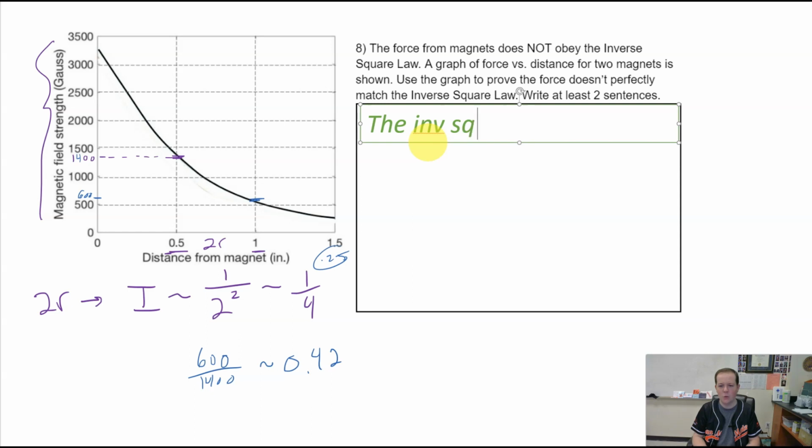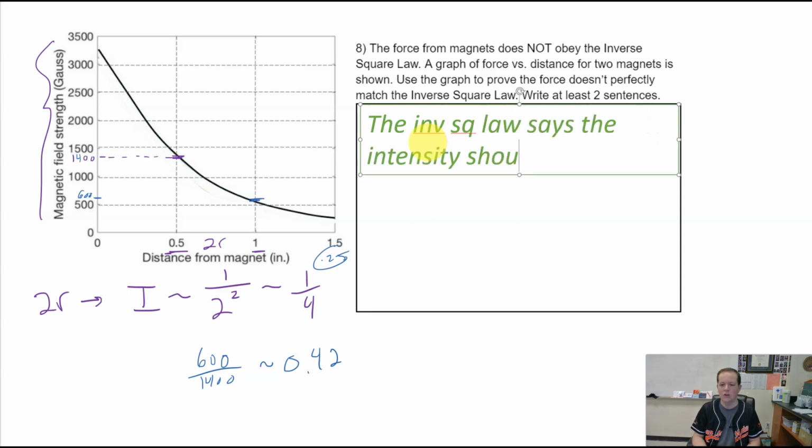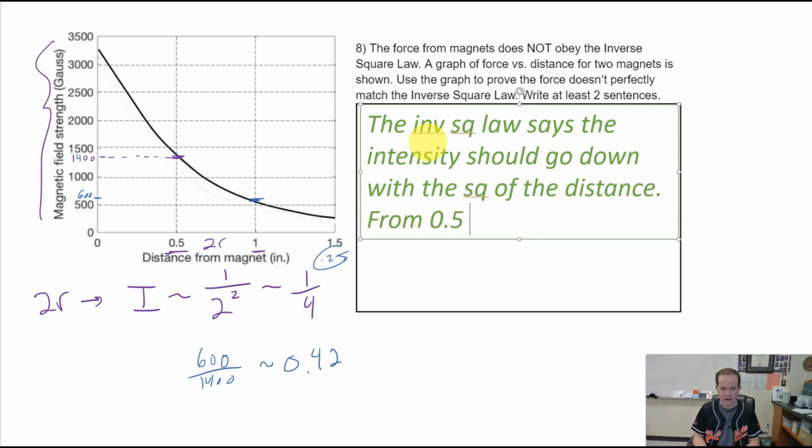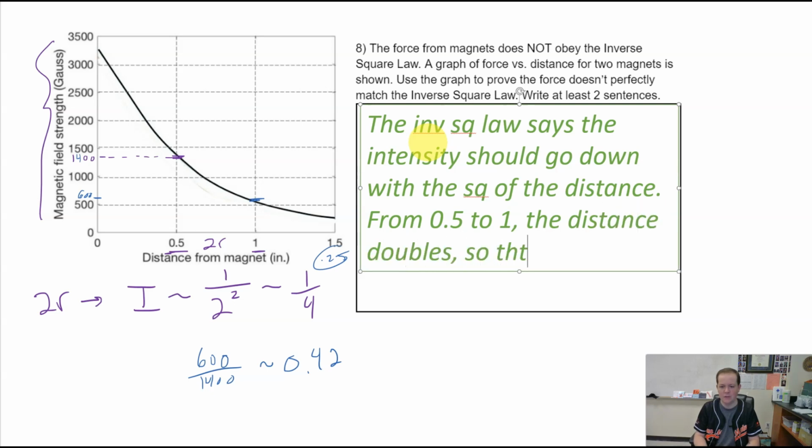The inverse square law says the intensity should go down with the square of the distance. From 0.5 to 1, these are inches, you didn't necessarily have to note that, okay? The distance doubles, so the intensity should be 1/4.